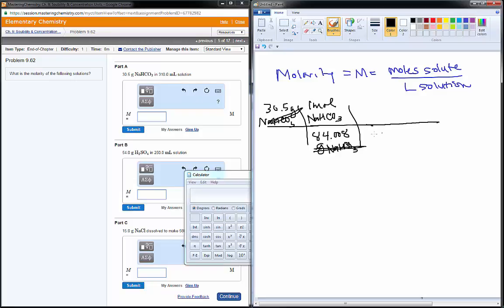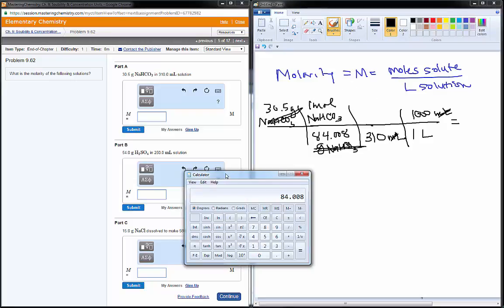I actually don't have to calculate that separately; I could just keep going on this line. 310 milliliters and 1,000 milliliters in 1 liter, and that lets me cancel out milliliters. Now I'm left with units of moles per liter. So 30.5 divided by 84.008 divided by 310 multiplied by 1,000 gives me a molarity of 1.17.